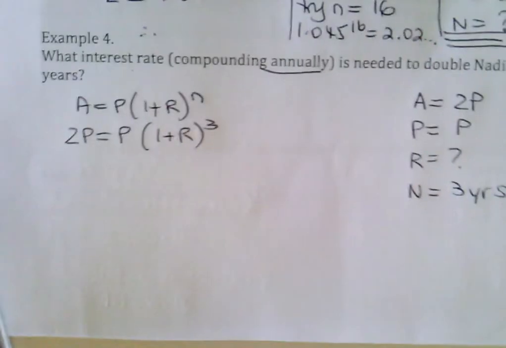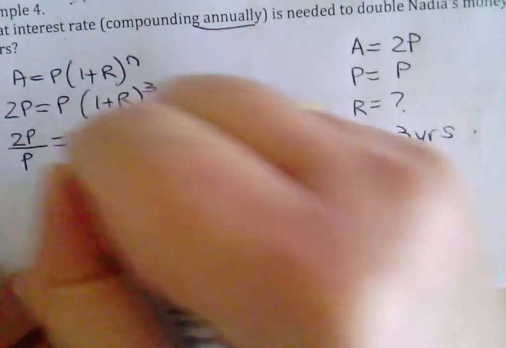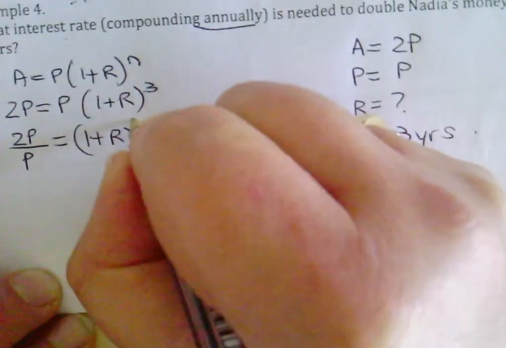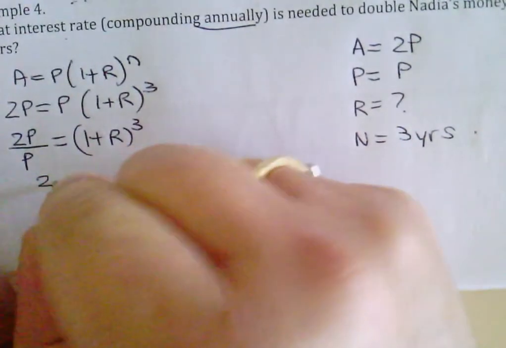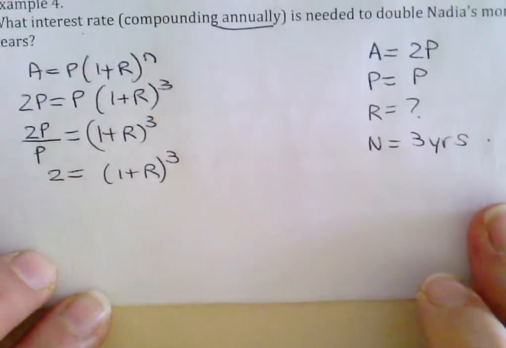What do we do now? 2P over P is 2, is 1 plus R to the power of 3. 2 equals 1 plus R to the power of 3.